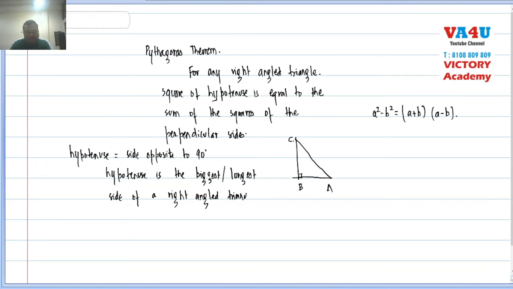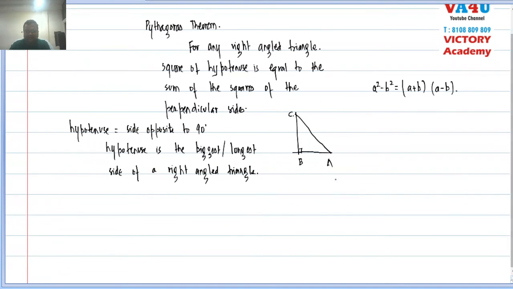So the other two sides are perpendicular sides, that is AB and BC. So what is Pythagoras theorem? Hypotenuse square, which is AC square, AC is the hypotenuse, is equal to sum of the squares of perpendicular sides.